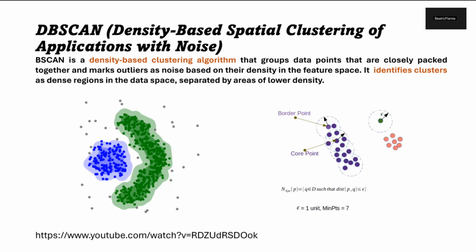So if you put a big epsilon, it's possible, depending on the parameterization, that in the end we have just one cluster.